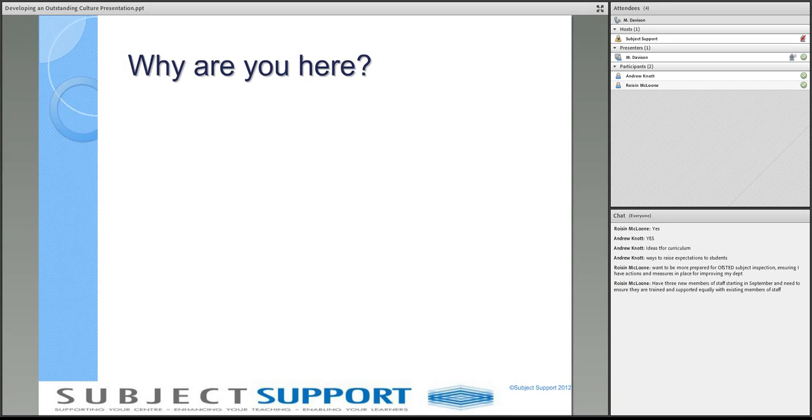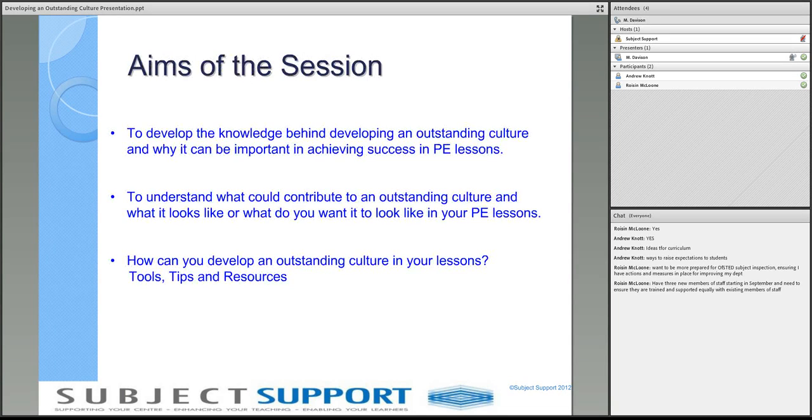So let's get started. Today we're talking about the outstanding culture within PE lessons, and not only within lessons, but also within the PE department, the PE curriculum area as a whole. What we're going to talk about is the thinking, the theory behind the development of an outstanding culture, and why I believe it's important in achieving PE success.